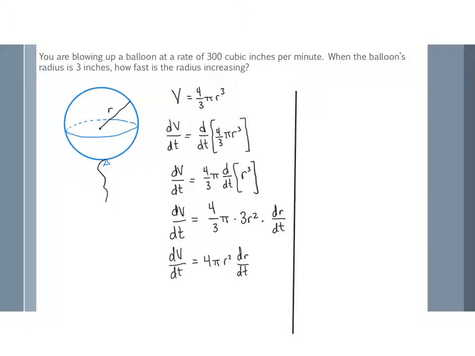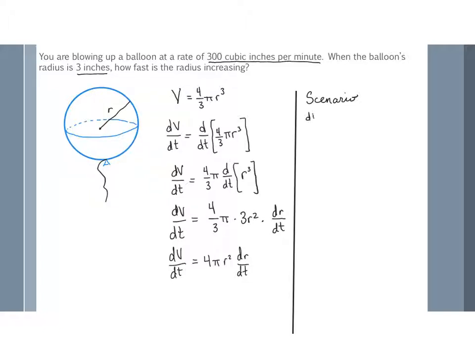Now let's look at our specific scenario. In this specific scenario, we can now use information given to us. 3 inches is the radius, and we have the volume is changing at a rate of 300 cubic inches per minute.